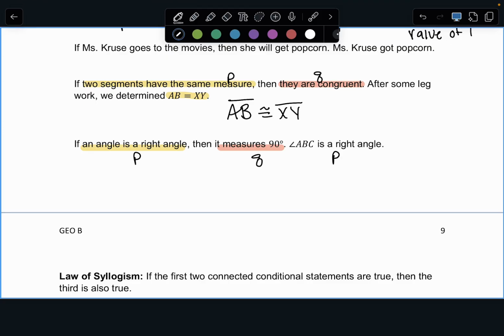It's yellow. It's P. So again, what can we conclude about angle ABC? It's 90 degrees, exactly. The measure of angle ABC is 90 degrees. ABC is a right angle, so therefore it must be 90 degrees.